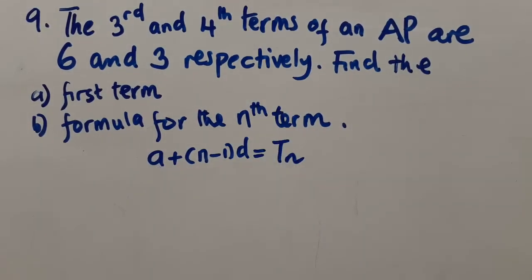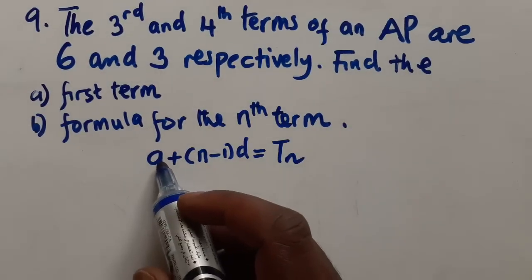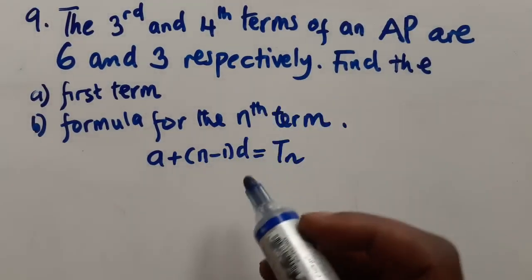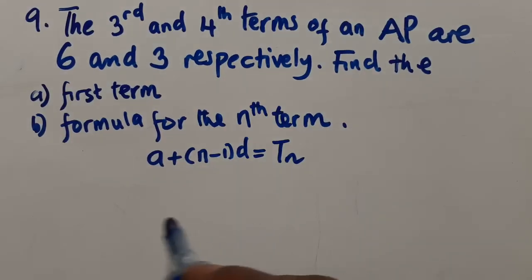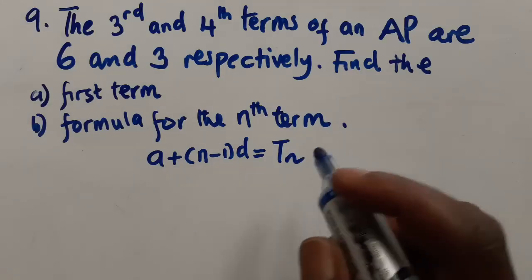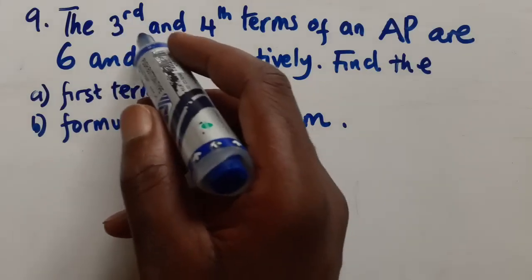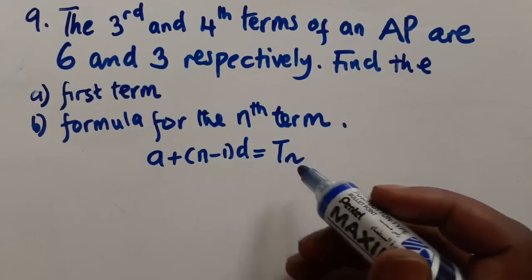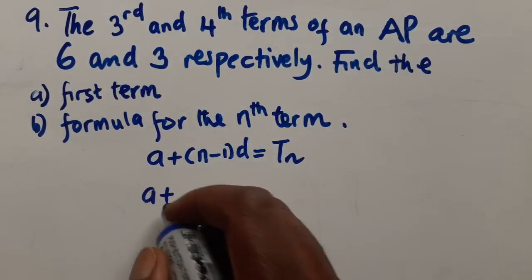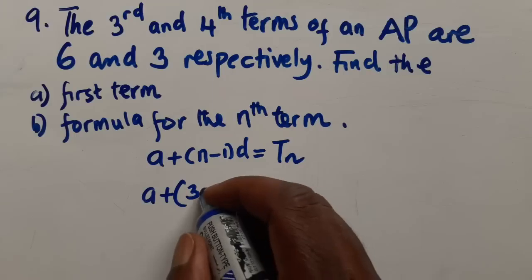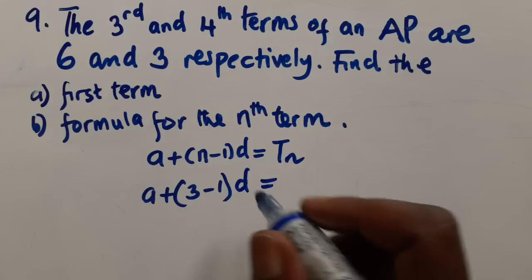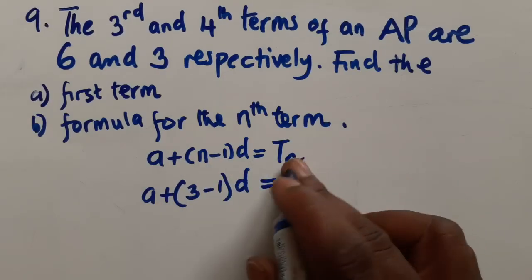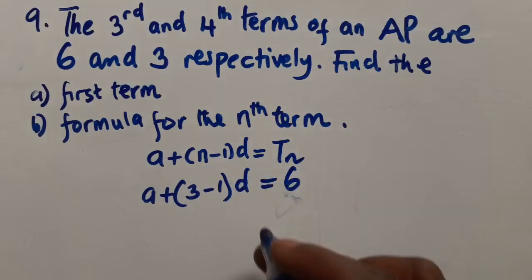Where A is the first term, N is the nth term, and D is the common difference. So in this case, what do we know? We know that the third term is 6.